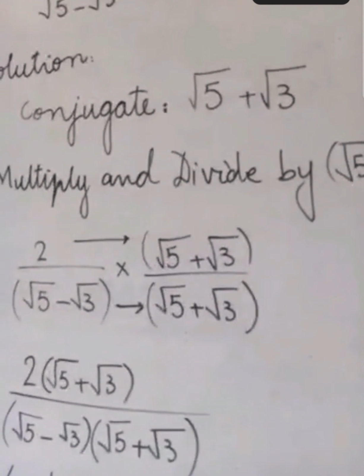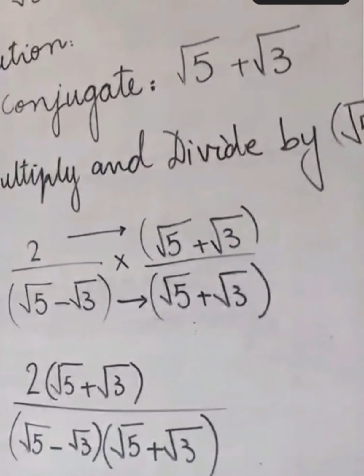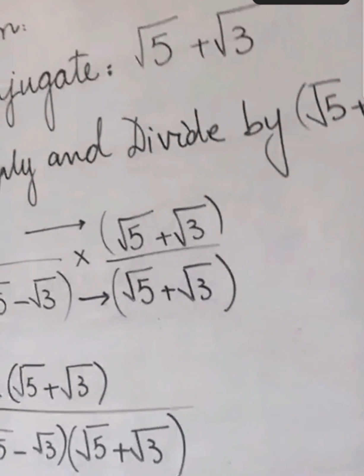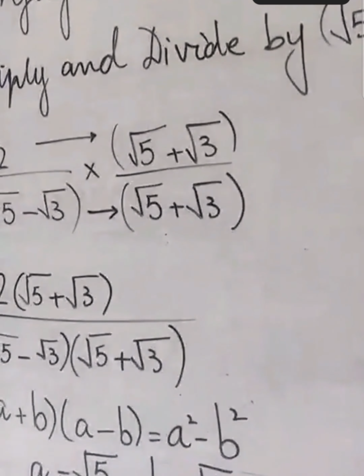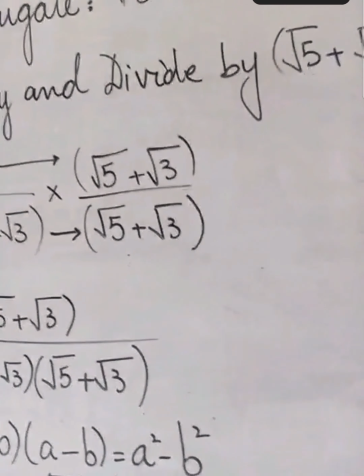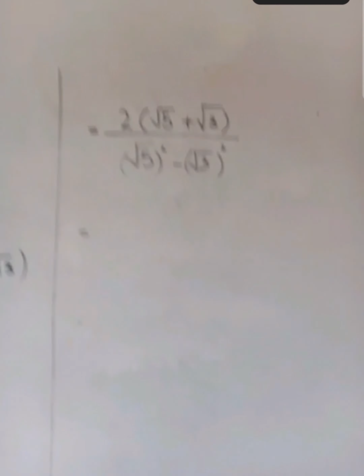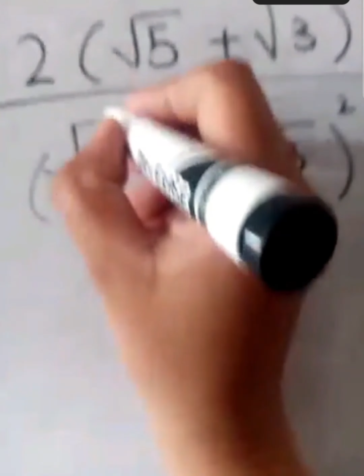So it is 2 times square root 5 plus square root 3, divided by a square, which is square root 5 square, minus square root 3 and its square. Now this square and square root will be cancelled out.